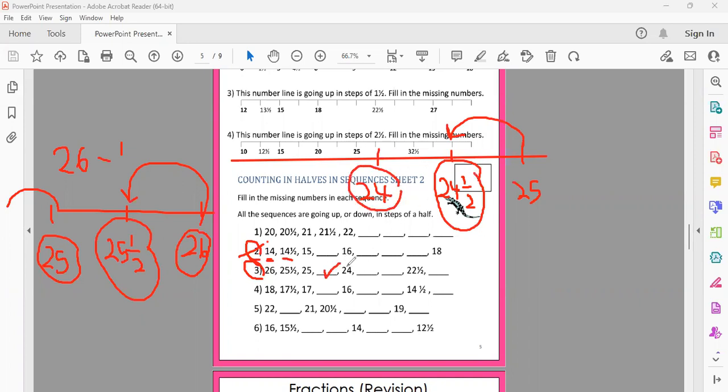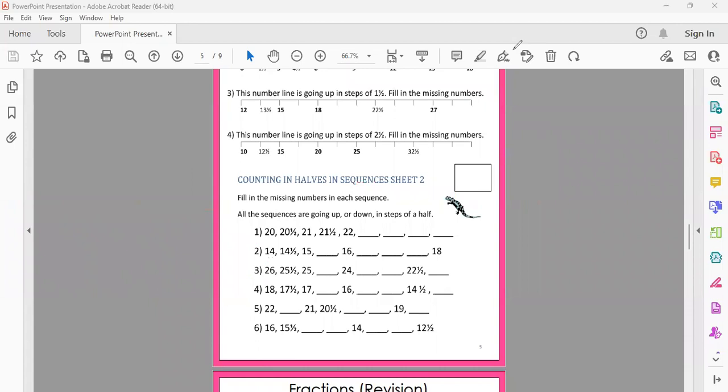Then I'll reach 24, correct? After that, go back half. This is 23. So in the middle, it will be 23.5. So you write 23.5. 23 then. 22.5, 22. So in that way, you go back in halves. All this practice is very important for you to get a good understanding of your halves.